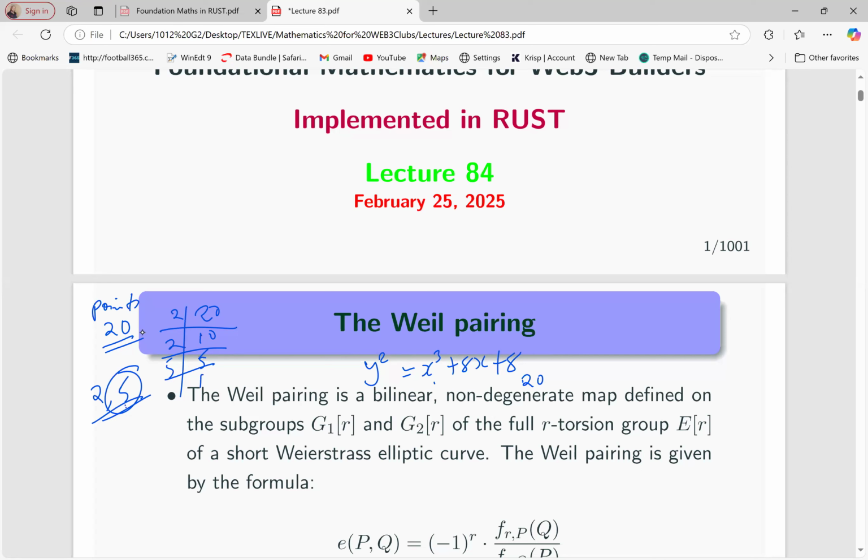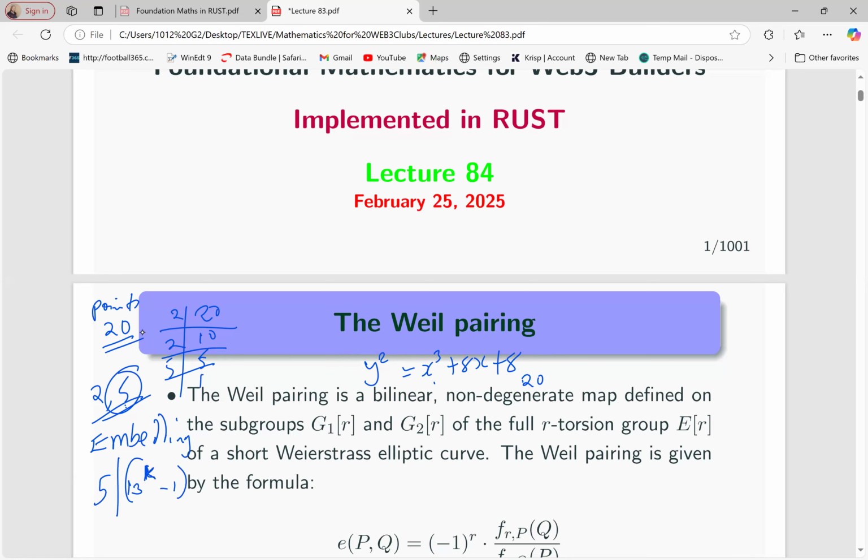Now, we find the embedding degree. The embedding degree will be the smallest value k that will make 13 raised to k minus 1 divisible by 5.